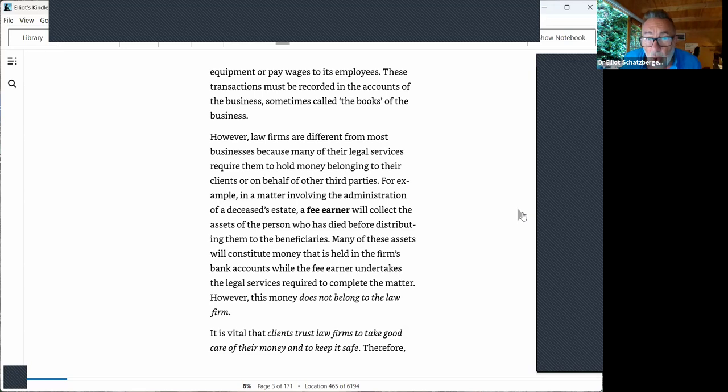There are some really obvious examples, and I'm just going to pick up on one that this book nicely tells you. If you are dealing with a client who is a personal representative of someone who's died, there may be money coming in from that estate, maybe from the deceased person's bank account, maybe from the sale of their property.